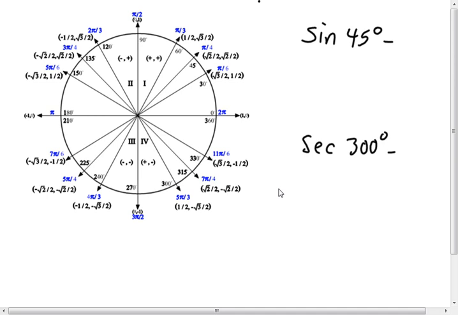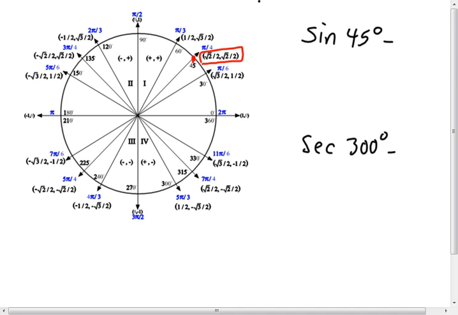So as we're looking at this, we have a couple problems here, sine of 45 degrees. Let's look at the first one. Find 45 in quadrant 1, and it would be this angle here. We're already given on the unit circle the x and y value at that point. If you remember, the first value, the x, is the cosine.